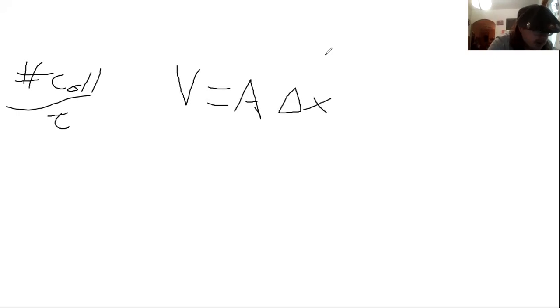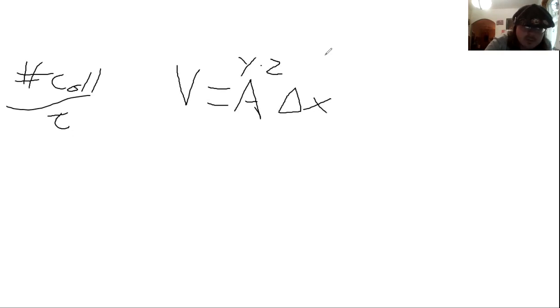Now, we're talking about the change in x. So to go from one side of that box to the other side, the area is of course y times z, and the volume is xyz of that box. It's going to be more convenient to leave this as area. Now why is this important, why do we say change in x?